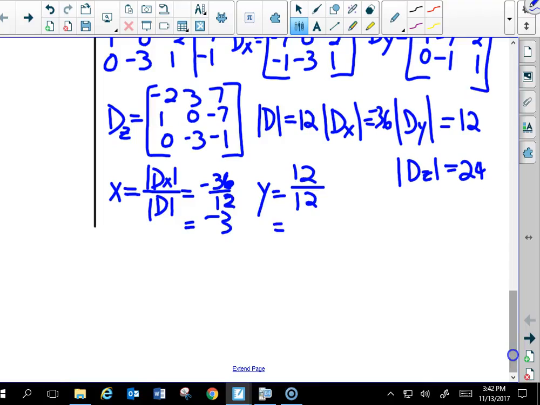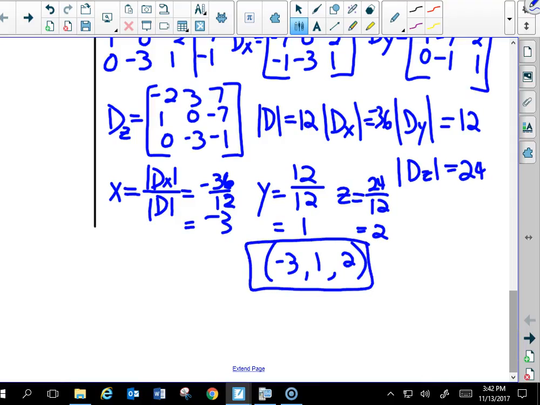So that's going to be 1. And then Z is going to be the determinant of D sub Z, 24, over the determinant of D, 12, which is 2. So as a triplet, and we're done. I'll see you in class.